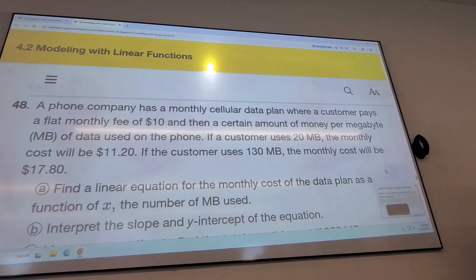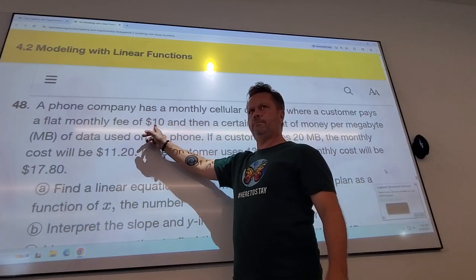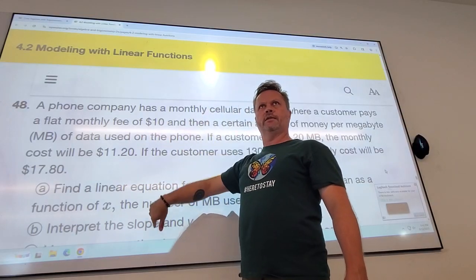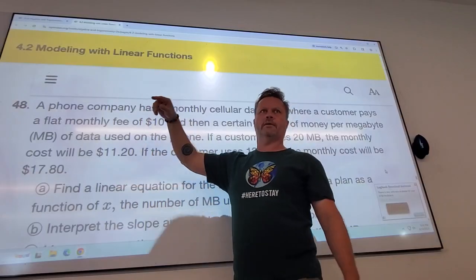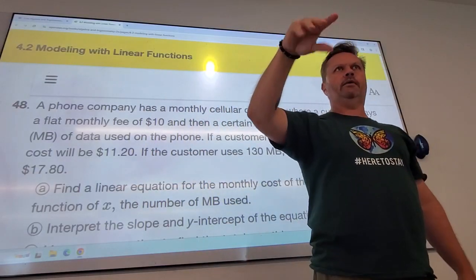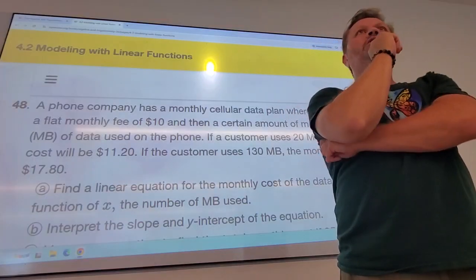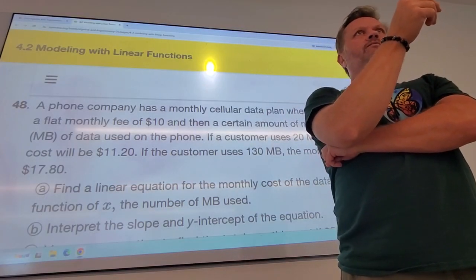So if you ignore this for a minute, what would this mean? Assuming this is linear, they tell me eventually it's linear, right? What would a flat monthly fee of $10 mean mathematically? The slope would be 0, and that's the y-intercept.